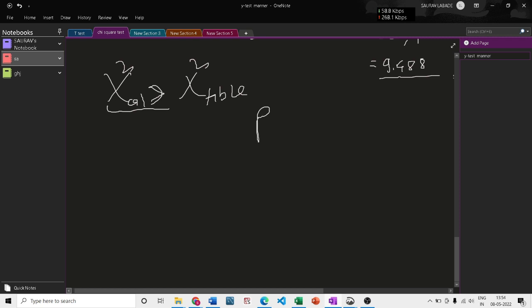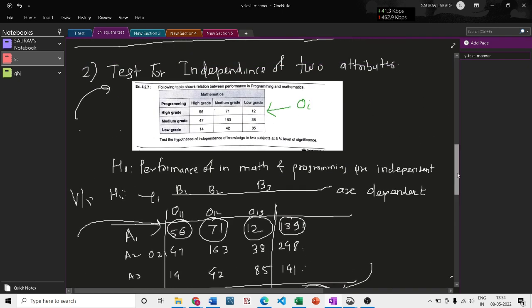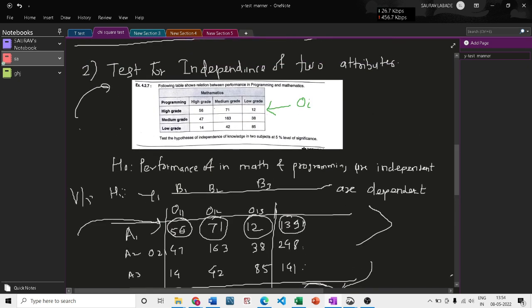Now if your chi-square calculated value is greater, then you will reject the H naught. And if you are rejecting the H naught, that means these two attributes are dependent on each other, right?